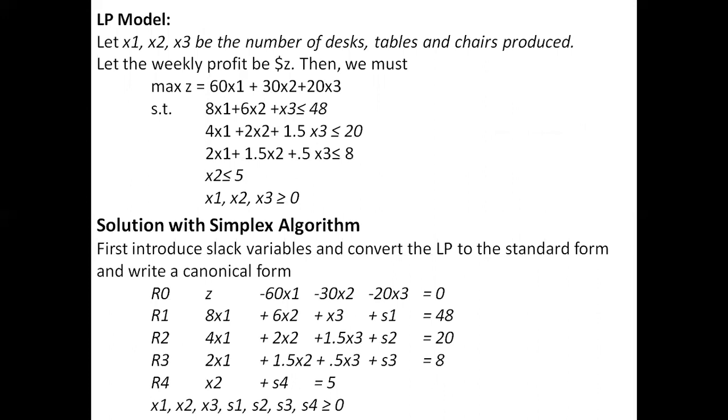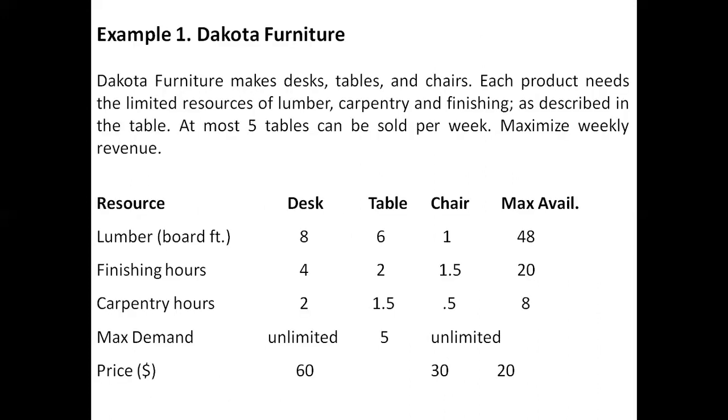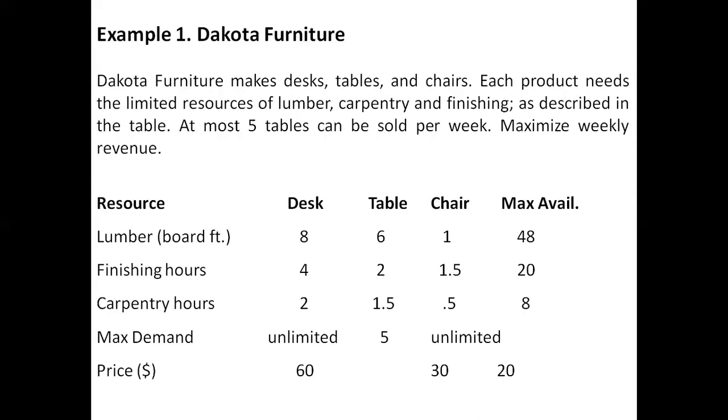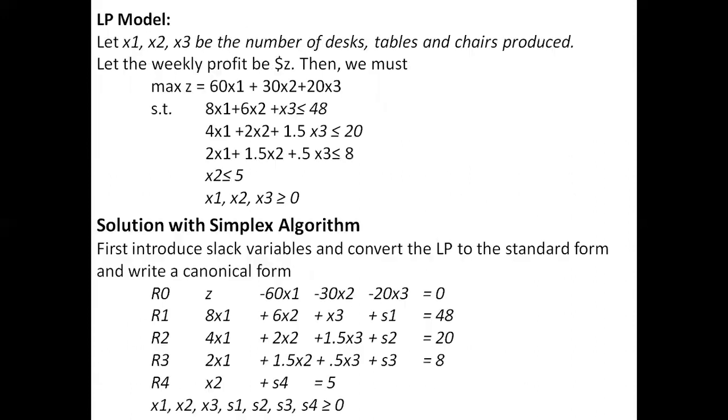Next one, finishing hours: 4x1 plus 2x2 plus 1.5x3 is less than or equal to 20. So that is the equation taken. And the third constraint equation is carpentry: 2x1 plus 1.5x2 plus 0.5x3 is less than or equal to 8.